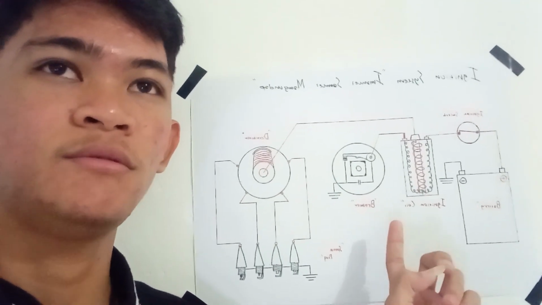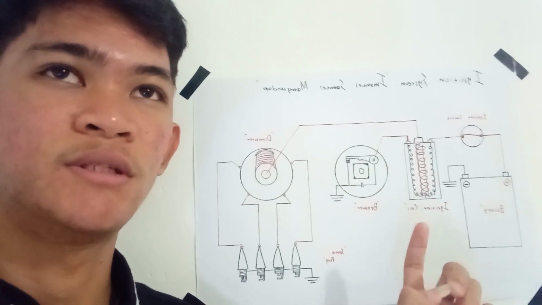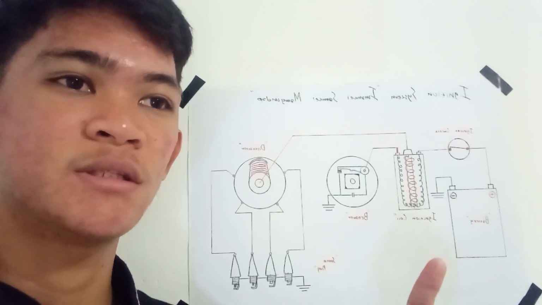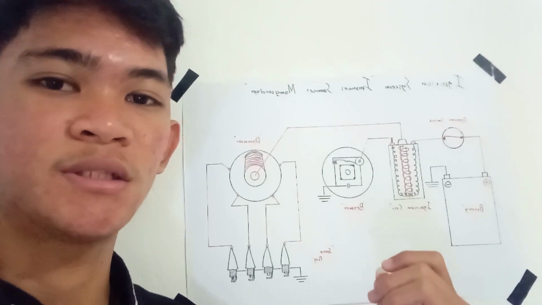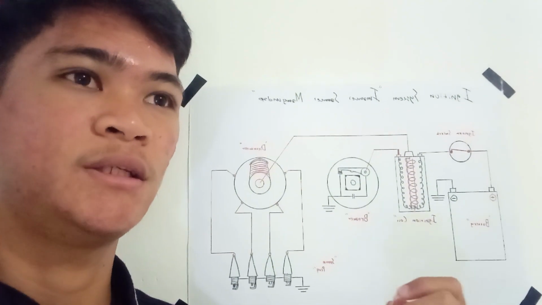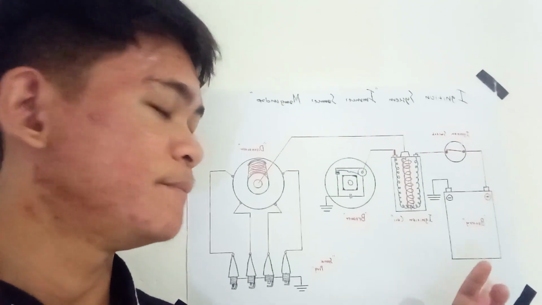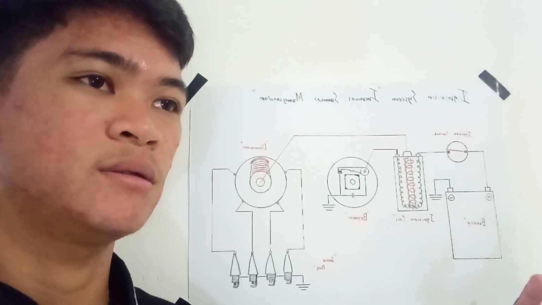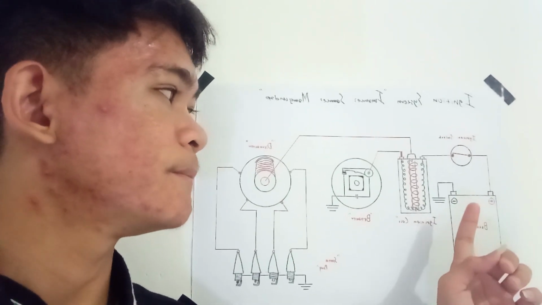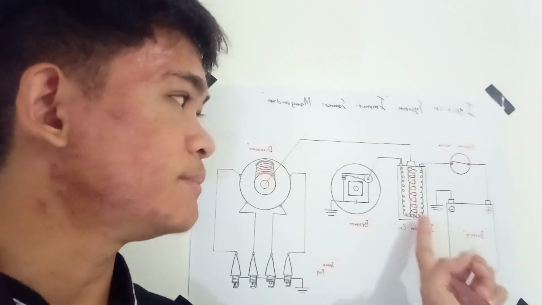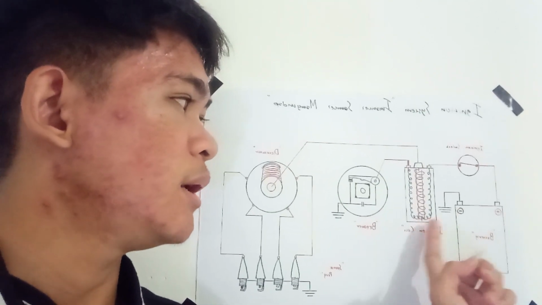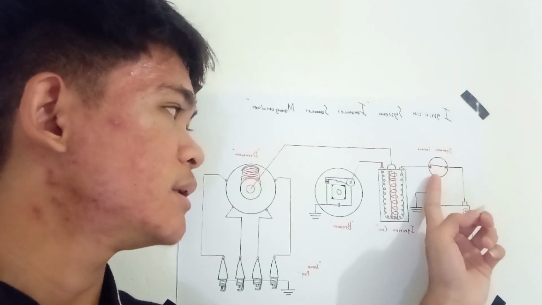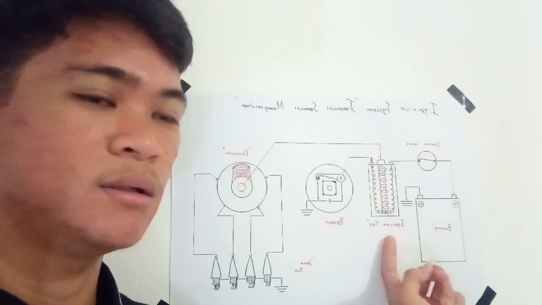And now the second part, about how the system works. First, when I turn the engine on, the battery supplies the current to the ignition system, going first to the ignition switch, and then to the ignition coil.